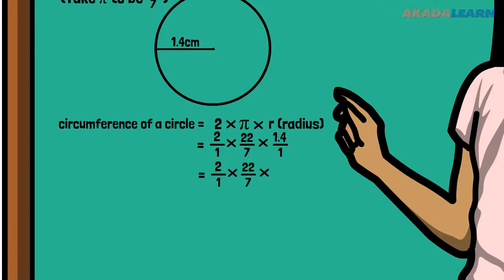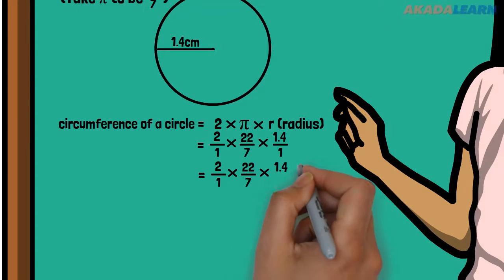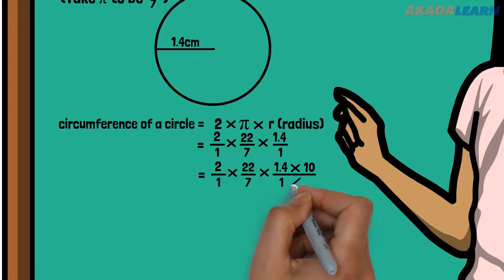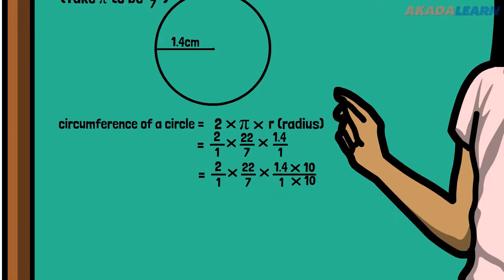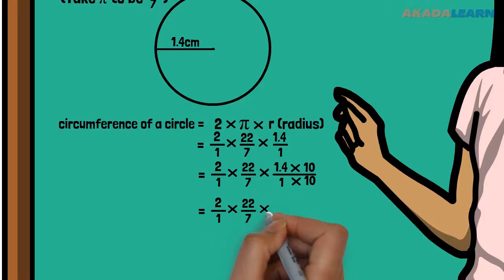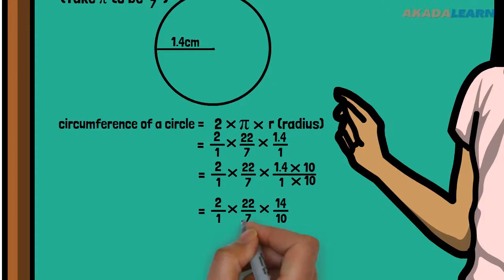So if we multiply by 10, it will become 14, and so we have to do the same thing for what is down. So we'll start by saying 1.4 times 10 over 1 times 10. So that's equal to 2 over 1 times 22 over 7 times 14 over 10.